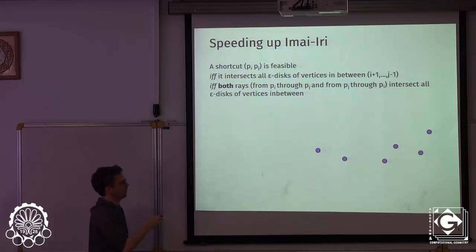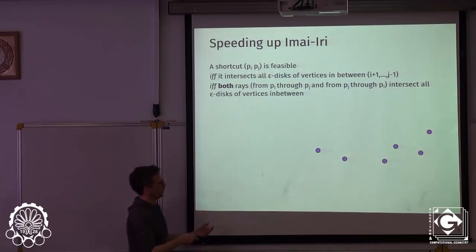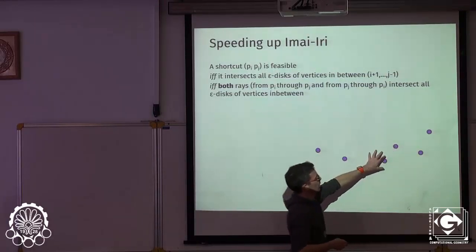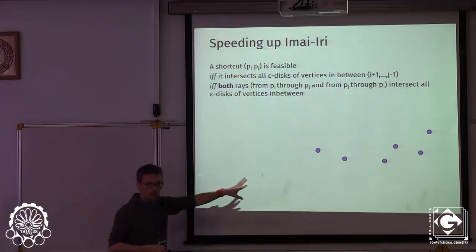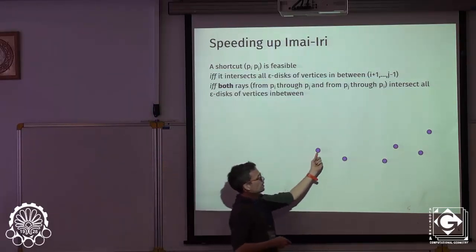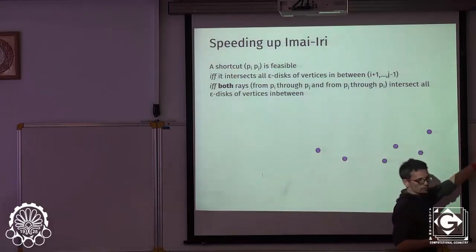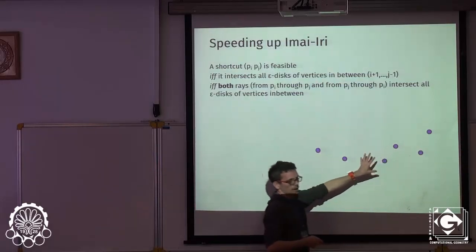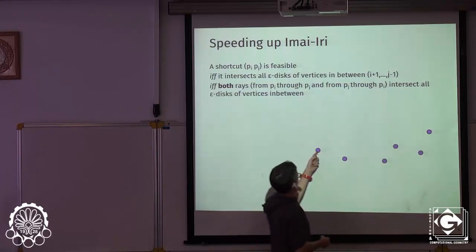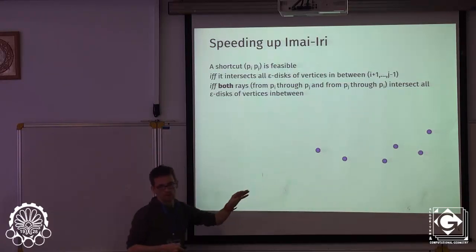Or let's first see what this means in terms of the line segment. What we essentially want is that this line segment stabs all of the disks in between. And I now just rephrase it: if I start here and shoot a ray in this direction, it will intersect all of the disks. And if I start here and shoot a ray in this direction, it should intersect all the disks.